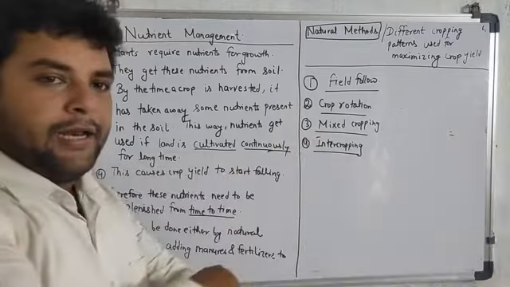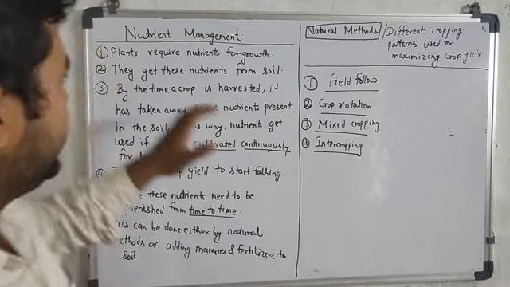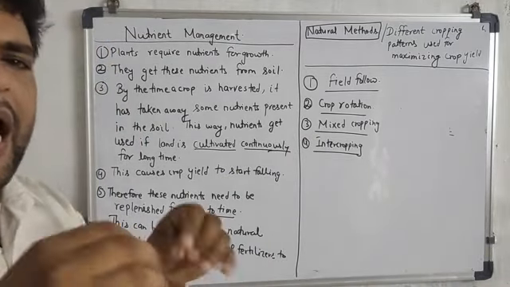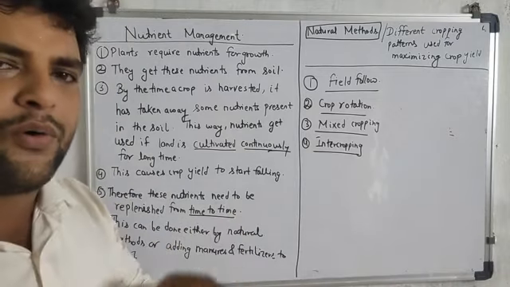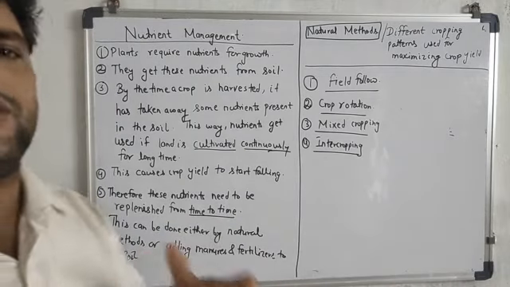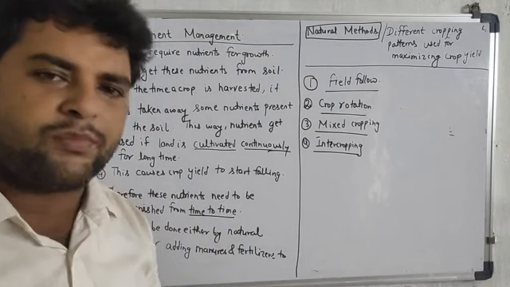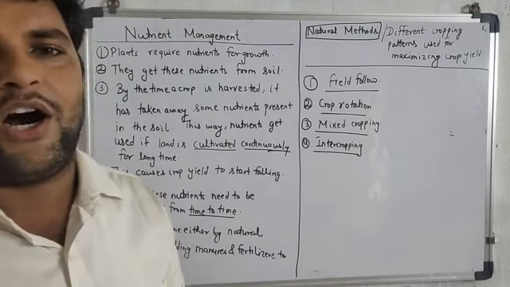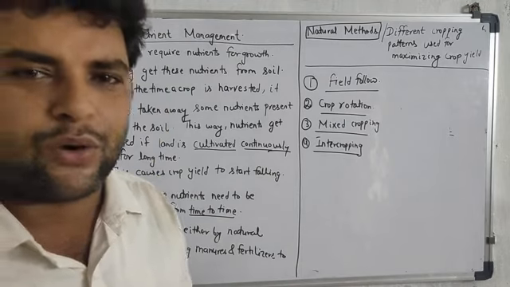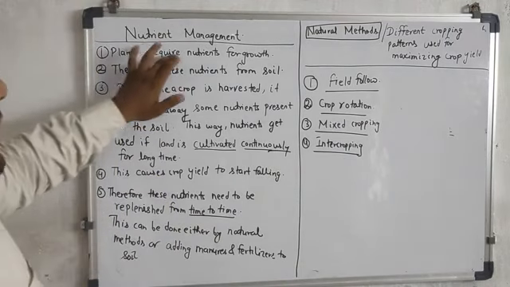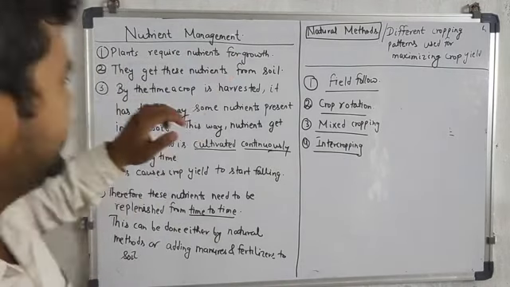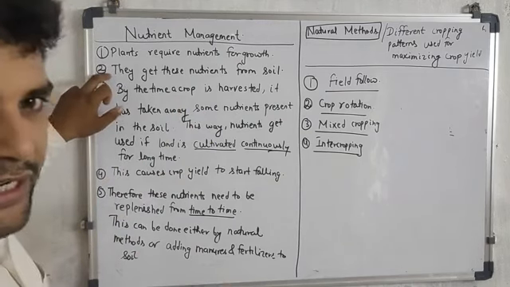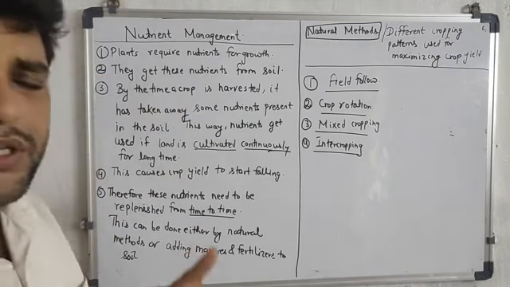Now let us continue with nutrient management. As we know, plants require nutrients and these nutrients are supplied from the soil, either micronutrients or macronutrients. Plants require nutrients for their growth and development, and they get the nutrients from the soil.